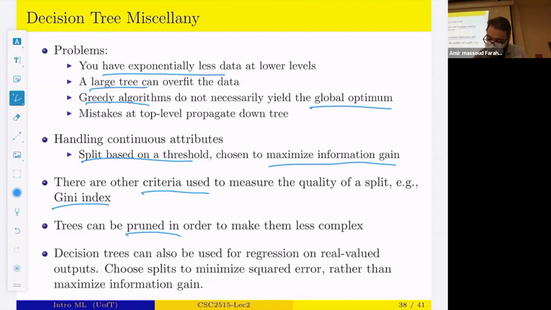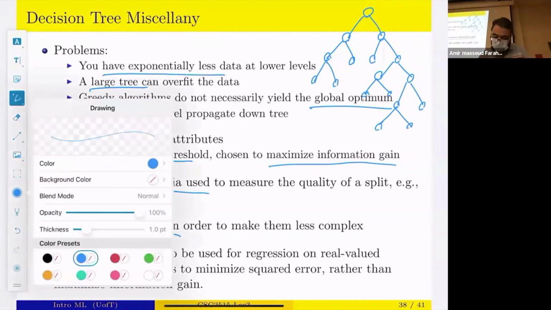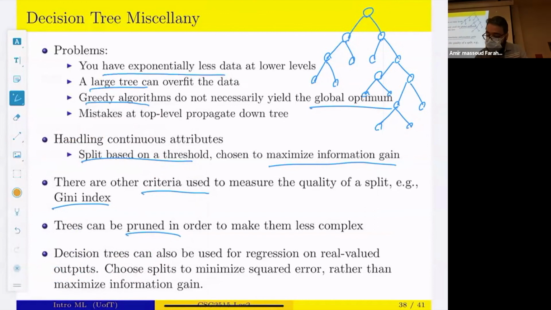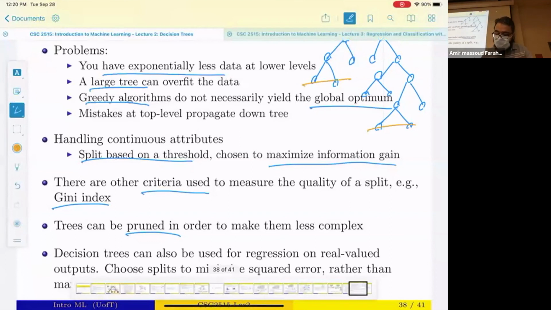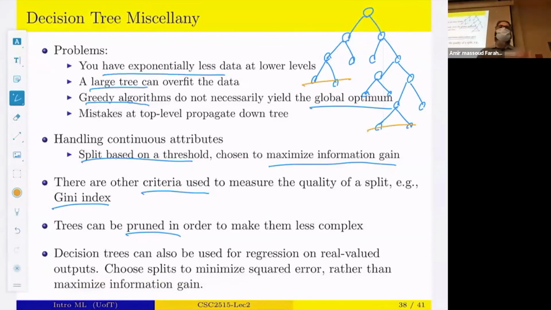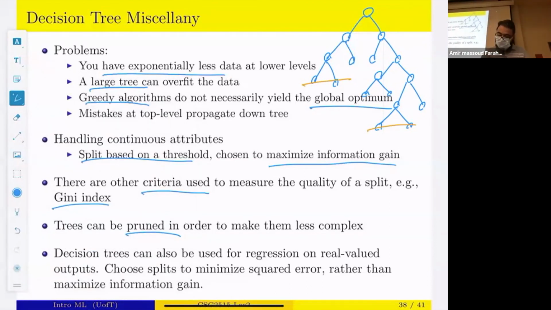For example, if your tree is like this, a fairly large tree, you construct it, but then pruning comes and says, let's remove these two, and then maybe remove these two, and make a simpler tree this way, based on some criteria. But we are not talking about that.